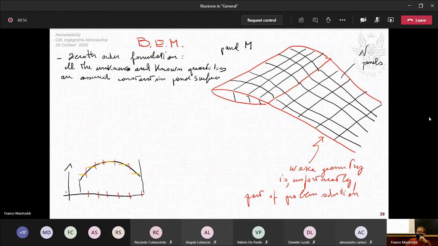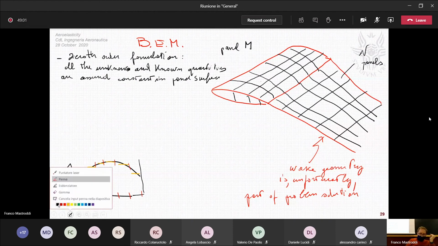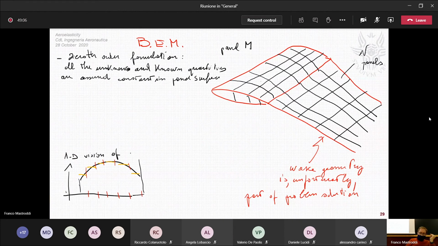This is one division of zeroth order formulation. Higher order, first order, second order, could be the degree of polynomial used inside the domain for approximating your solution. Zeroth order means constant value.